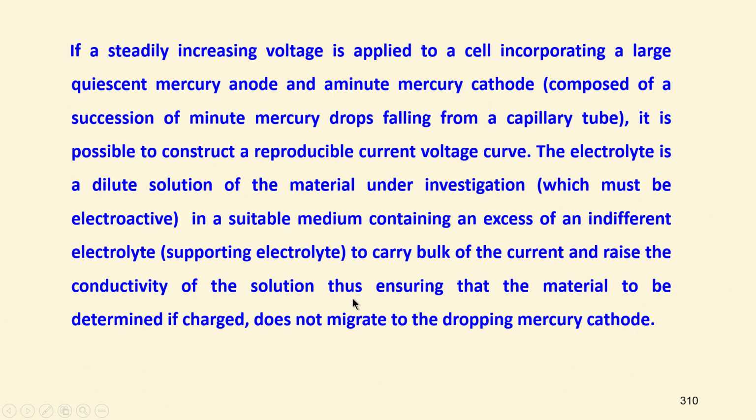So, it ensures that the material to be determined, if it is charged, does not migrate to the dropping mercury cathode. So, what does this supporting electrolyte do? It will carry the bulk of the current, and will not allow the charged material to be analyzed to migrate to the dropping mercury electrode.